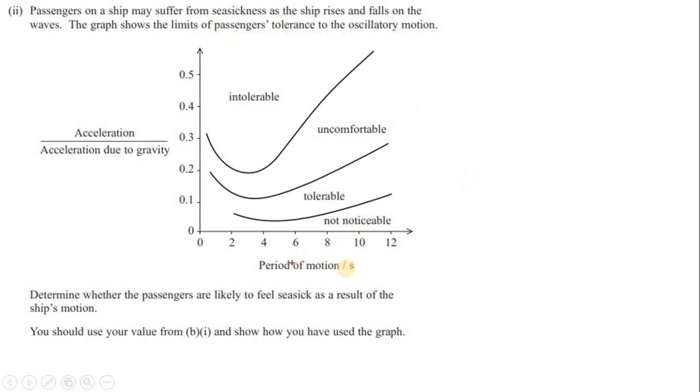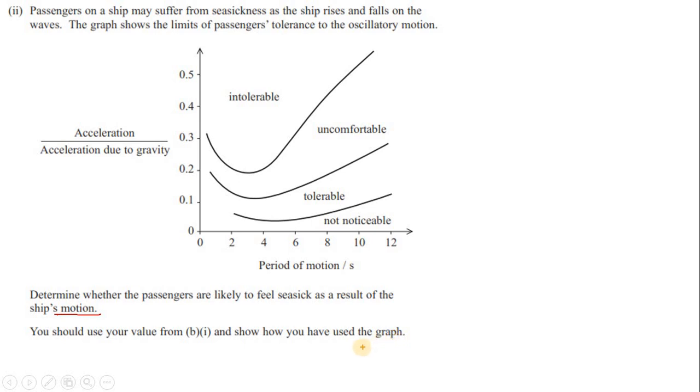We have a graph of period of motion against acceleration divided by acceleration due to gravity, the ratio of the acceleration to g, with different regions: not noticeable, tolerable, uncomfortable, and intolerable. Determine whether the passengers are likely to feel seasick as a result of the ship's motion. You should use your value from B1 and show how you have used the graph.